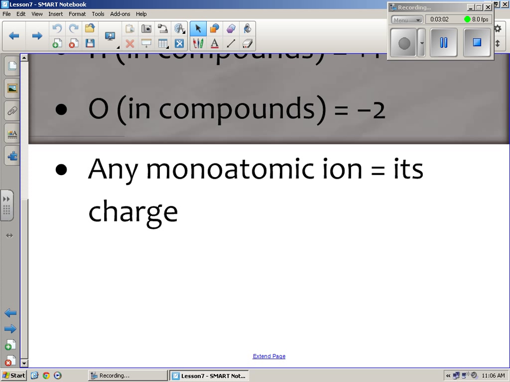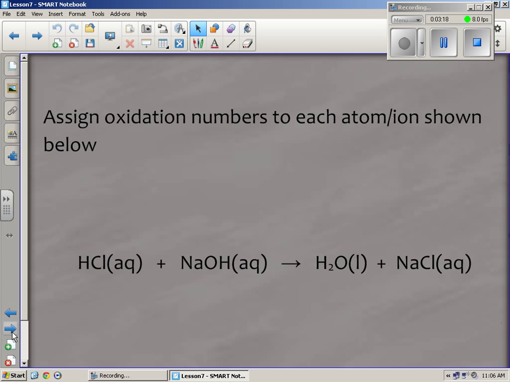Then fluorine as fluoride, F-, is a 1-. Chloride usually has a 1-, though it doesn't have to. So we just have to be careful with some of them. But usually any atom or ion by itself is either 0 for neutral atoms, or the charge that goes with that ion.